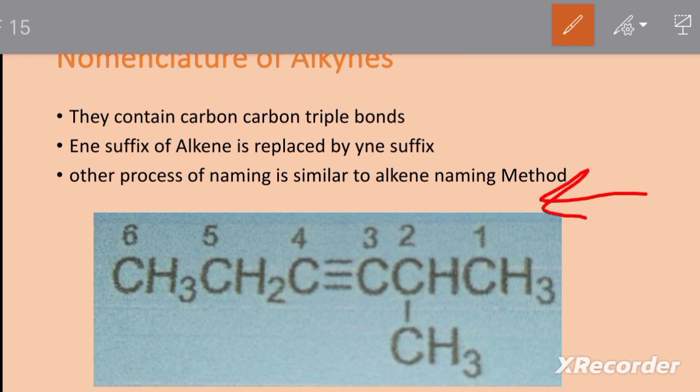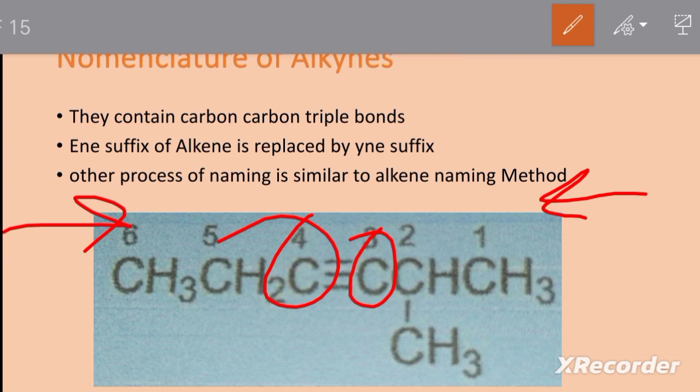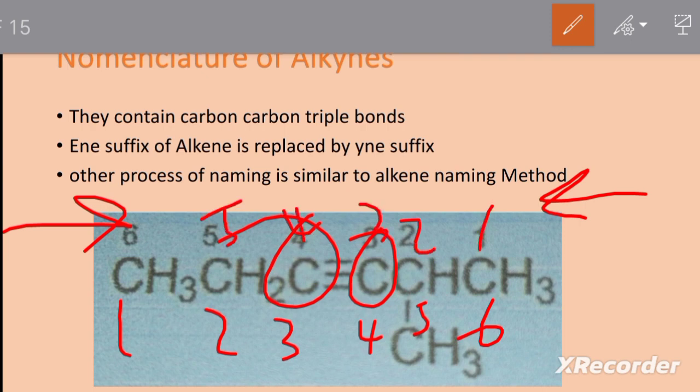If I number it in this direction, this carbon contains the triple bond. If I number it from this direction, this carbon contains the triple bond. So here 1, 2, 3, 4, 5, 6. And from here 1, 2, 3, 4, 5, 6. In this method, the third carbon has the triple bond, and from this way also the third carbon has the triple bond.